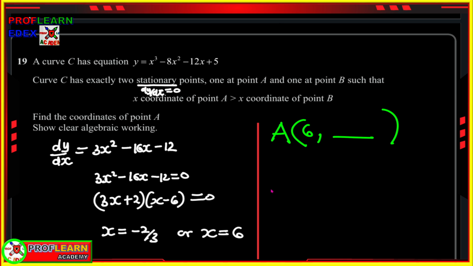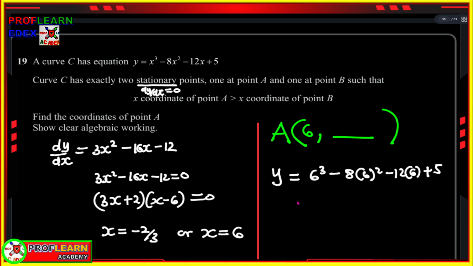And to get the value of y, we shall substitute the value of x into the equation. So y is equal to 6 cubed minus 8 into 6 squared minus 12 into 6 plus 5.